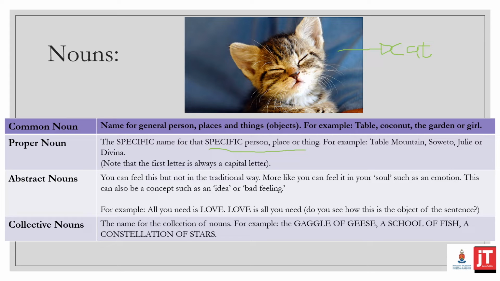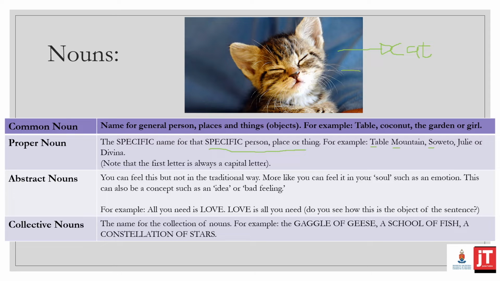Your name, your middle name, and your surname are all considered proper nouns, and therefore you should write your name with the first letter always being capitalized, to indicate that this is a proper noun. Interestingly enough, the months of the year, January, February, March, are also proper nouns, and they also have a capital letter, because they're the name of that specific month.